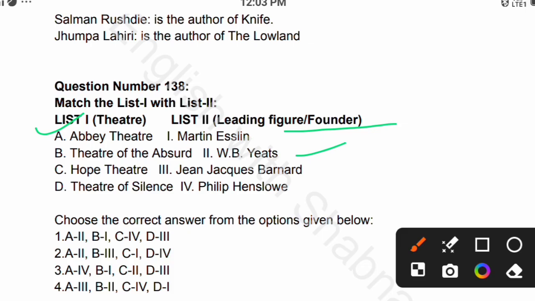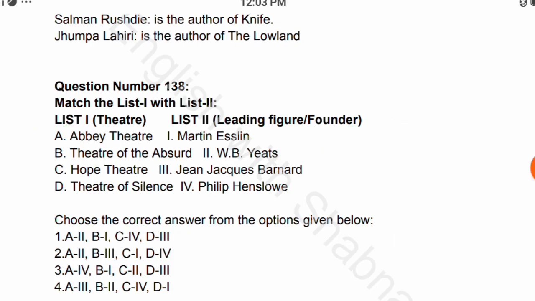See the options also. Leading figure who was the founder of this particular theatre you have to find. What could be the correct answer?